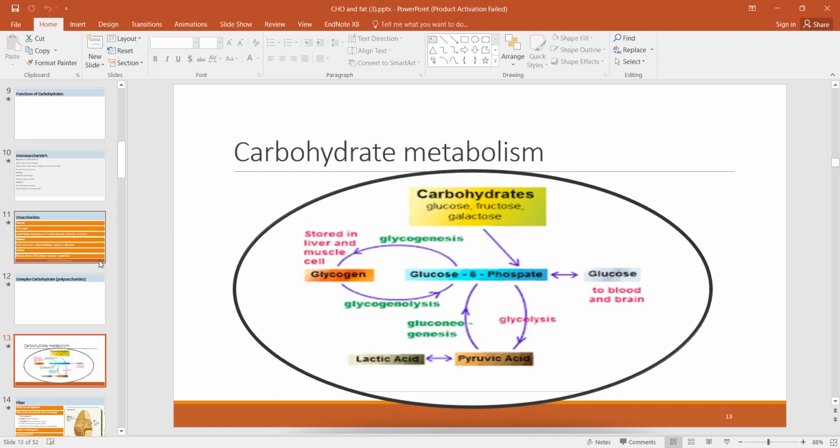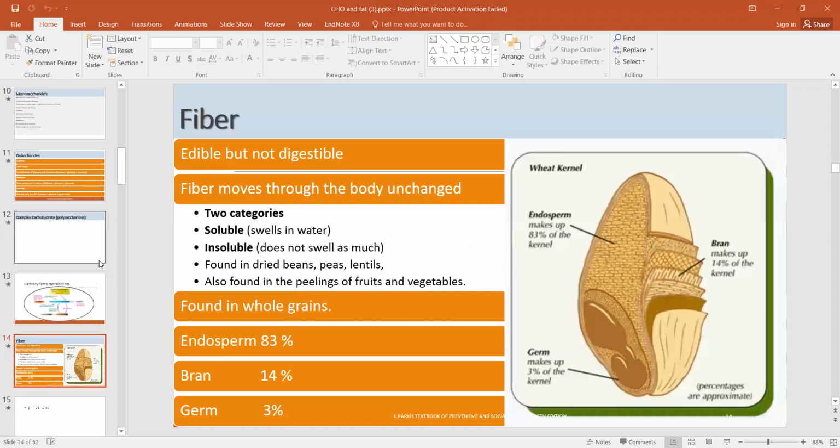Glucose 6-phosphate is also converted into glycogen, a process known as glycogenesis. With the help of glycogenolysis, glycogen is broken down and glucose 6-phosphate or glucose is formed when the body needs glucose.